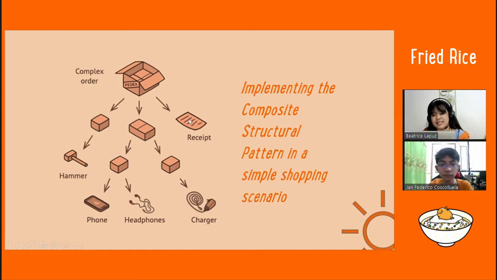Tapos meron namang isa na parang leaf class lang, parang receipt. So, masasabi natin na ito ay isang order chain, yung isa ay isang full-blown composite talaga, at ang isa ay directly agad.